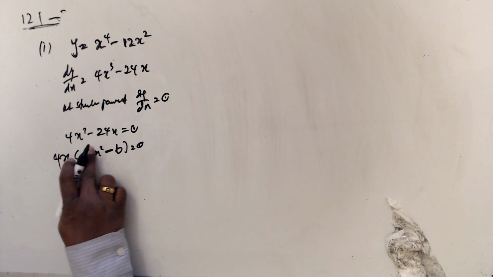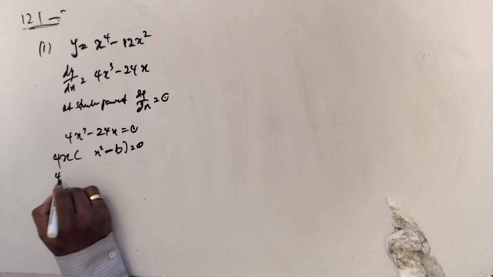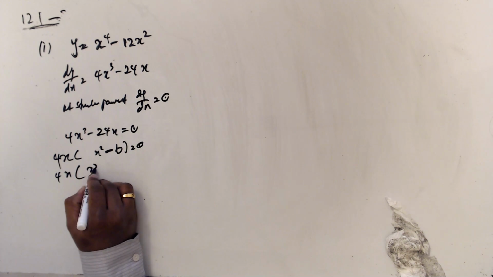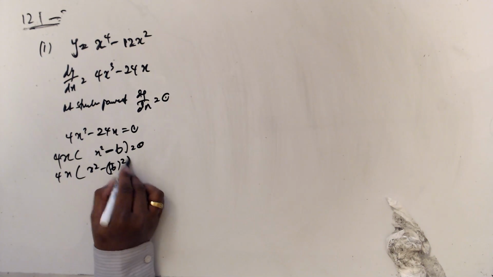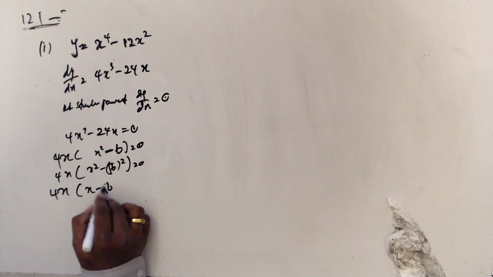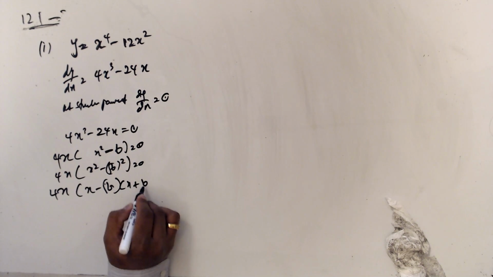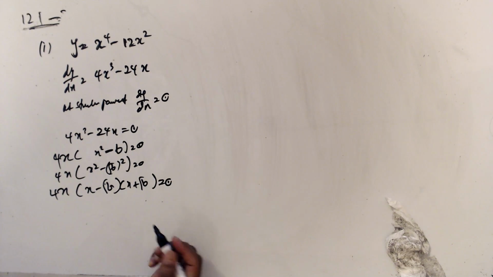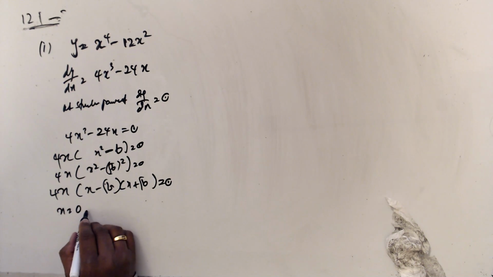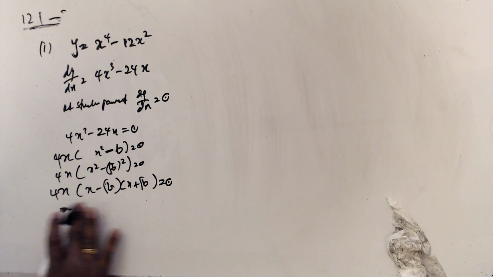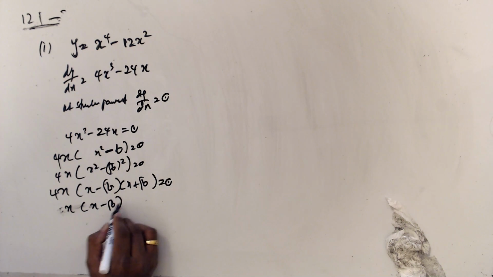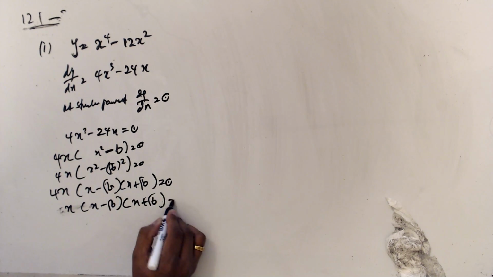I can write it like this as well: if I divide by 4, x times x squared minus 6, that is x times x minus square root 6 times x plus square root 6 equals 0.